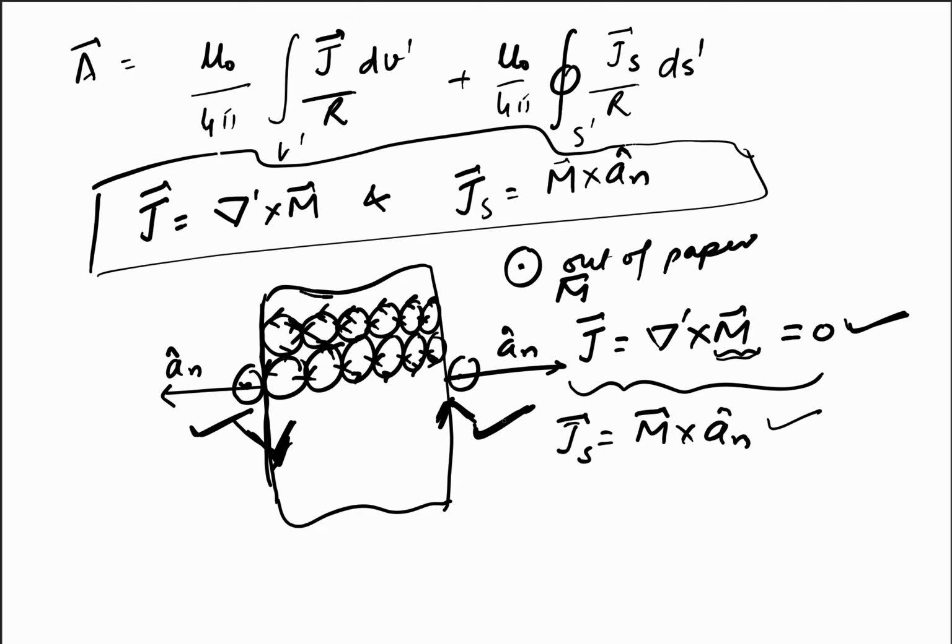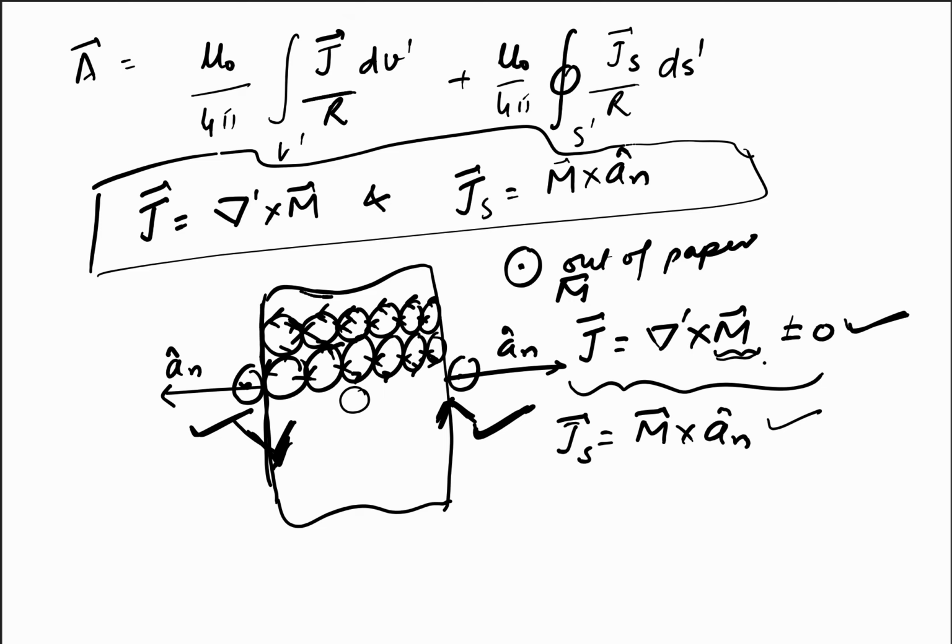So this is how we can physically think that any magnetized material can be thought of as formed of equivalent current densities. And if the magnetization is not uniform, then there will be a resultant current density inside the volume also, and this will not be equal to 0 in that case.